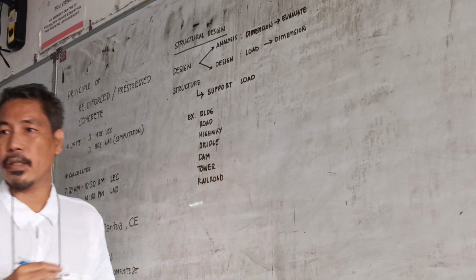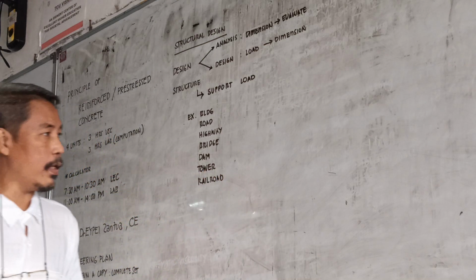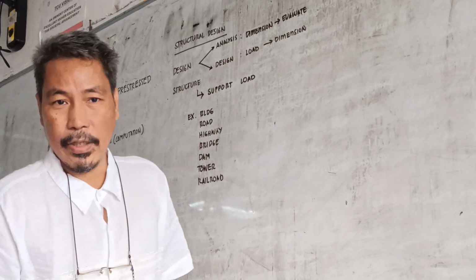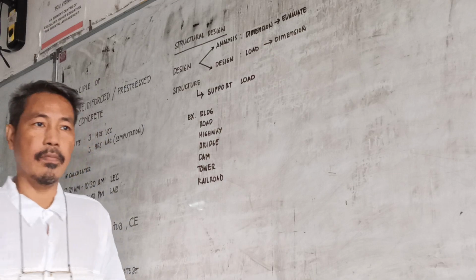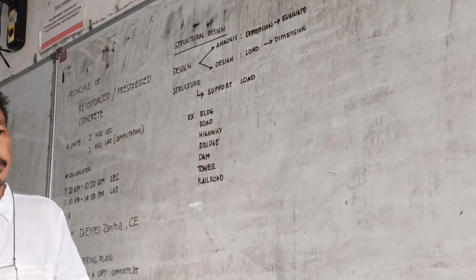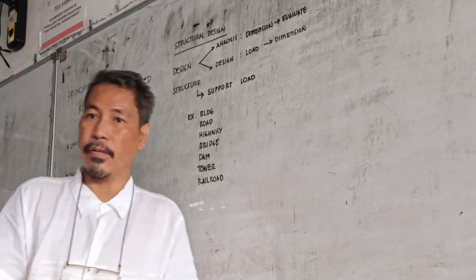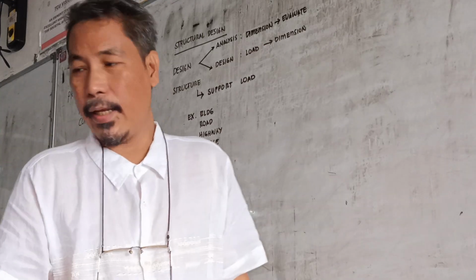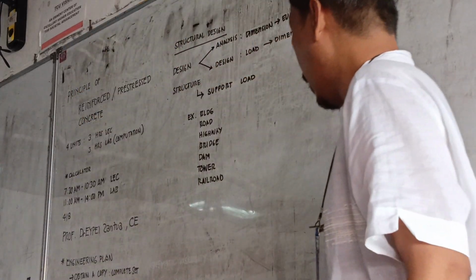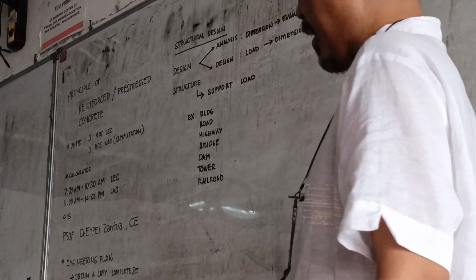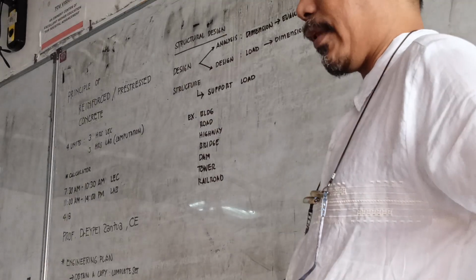So there are so many things you can think of. Therefore, the application of structural design, which is under civil engineering, is very broad in nature. Any other example of structure?